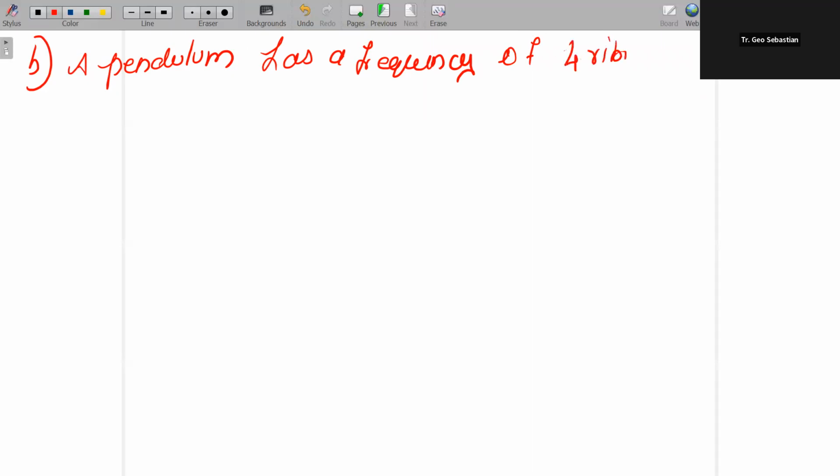A pendulum has a frequency of 4 vibrations per second.